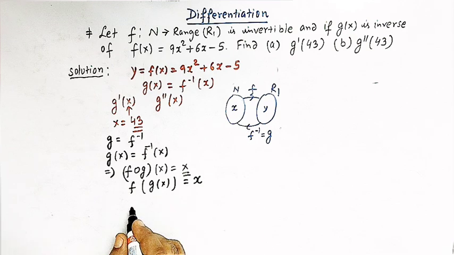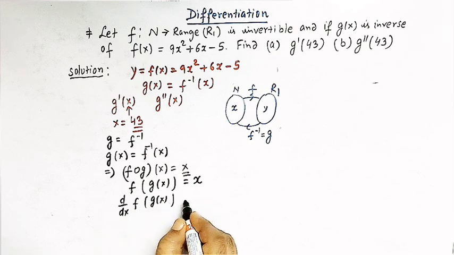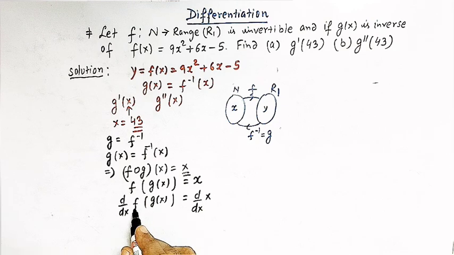Now differentiating both sides with respect to x, we have d by dx of f of g of x, and here we have d by dx of x, right? So now to differentiate f of g of x, we have to make use of chain rule.